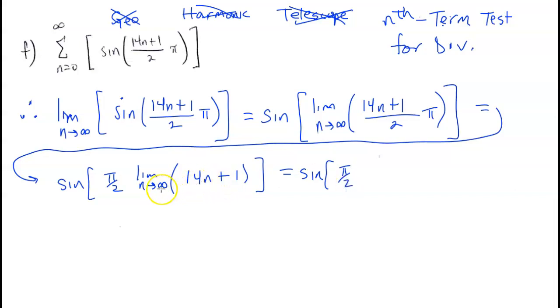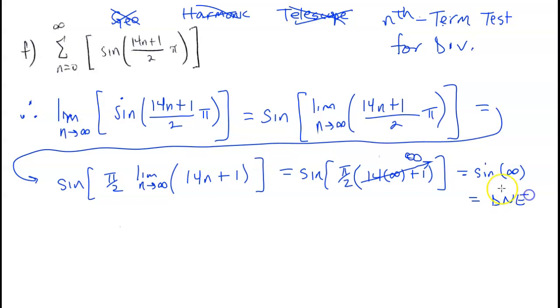Of course, here, if we plug in infinity for n, we essentially have 14 times infinity plus 1, which is just another way of saying infinity. And infinity times pi over 2 is just itself going to be infinity. And sine of infinity does not exist.